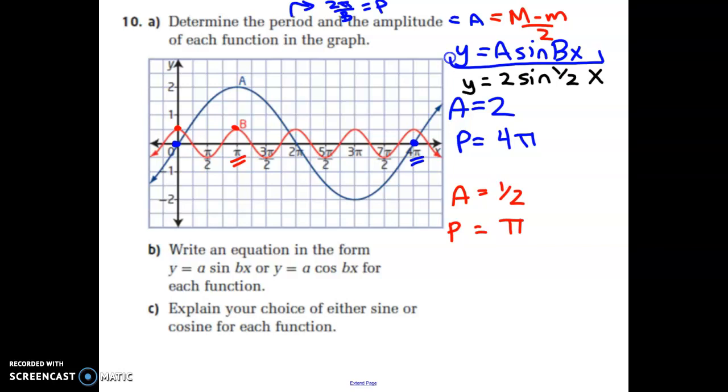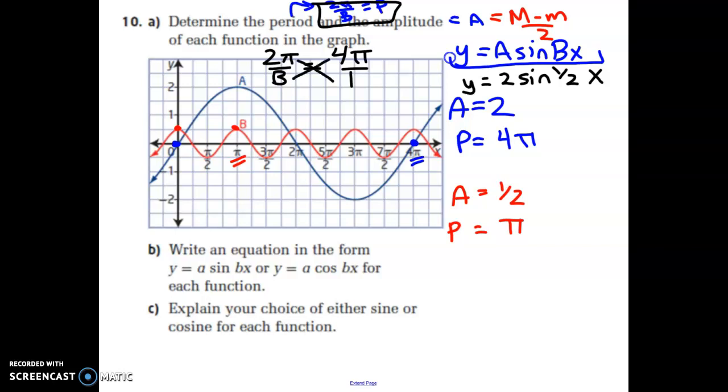Now I want to show you, in case you're ever not sure how to logically figure that out, there is a way using our little formula right here. If we know that 2 pi over b is the period, and here the period is 4 pi, you can make it into a little equation and cross multiply. So 4 pi over 1 equals 2 pi over b.